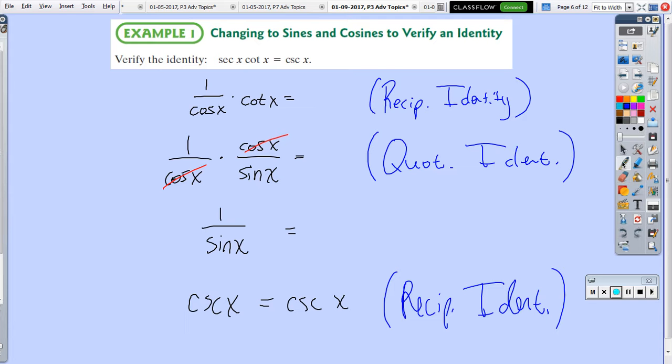We could just say simplify here, or multiplication, whatever. Now we've reached the end, both sides match, we're done. So this identity is true. We have verified it by using our identities.